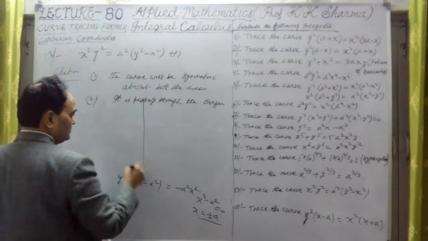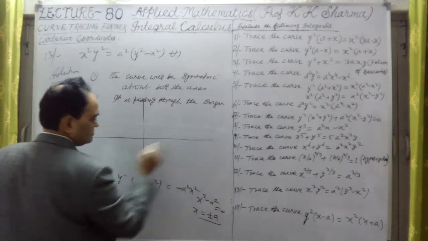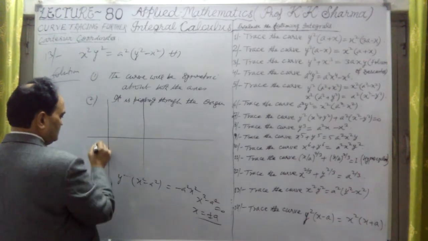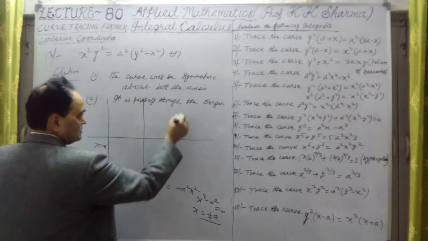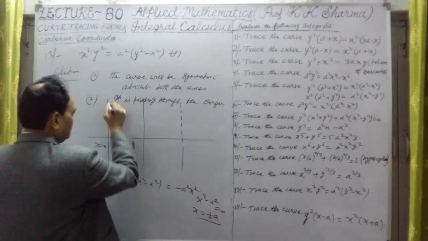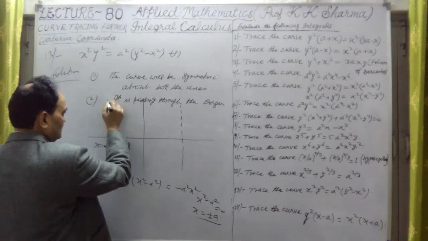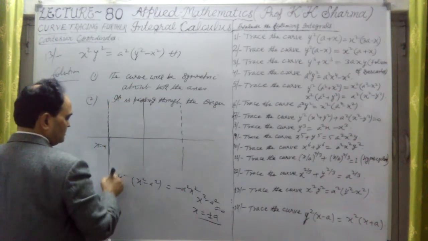So in this case, these are the two lines, x equal to minus a and x equal to plus a. x cannot be equal to minus a or plus a, because at that point y will be infinity.